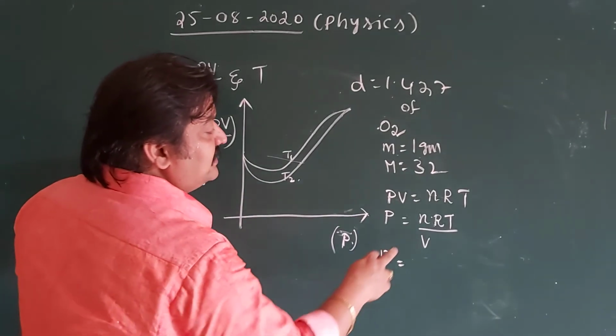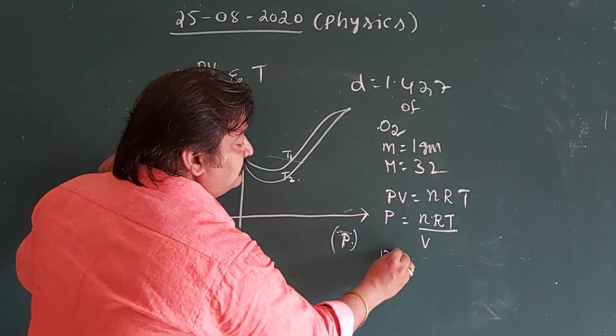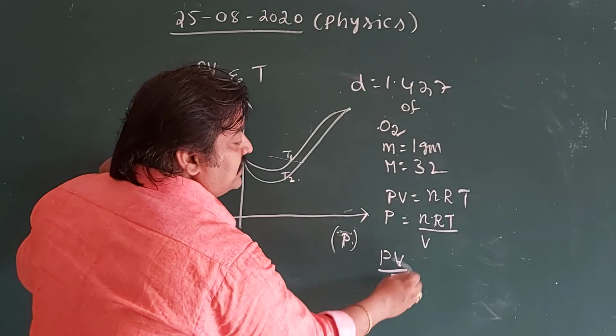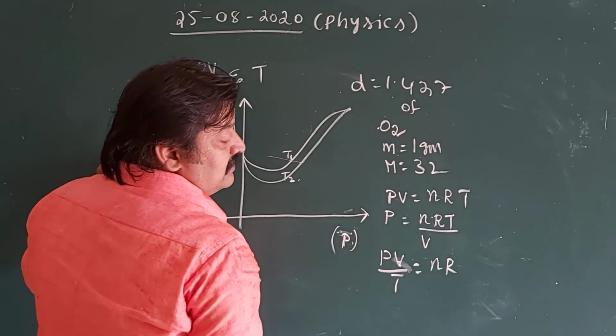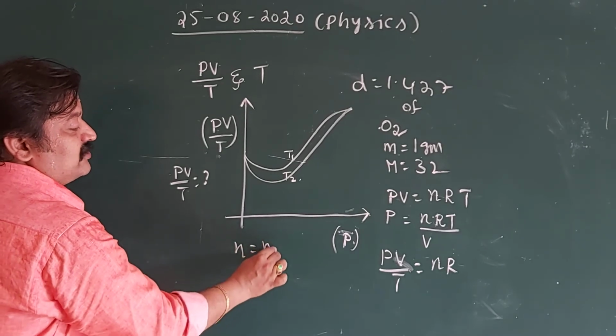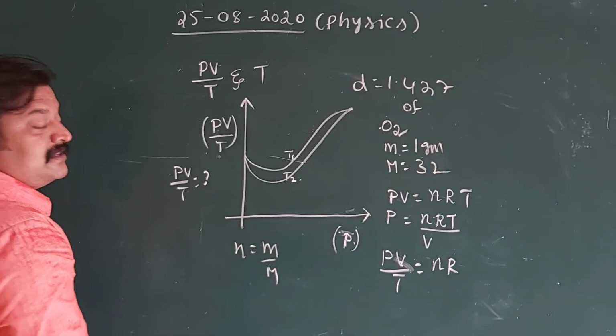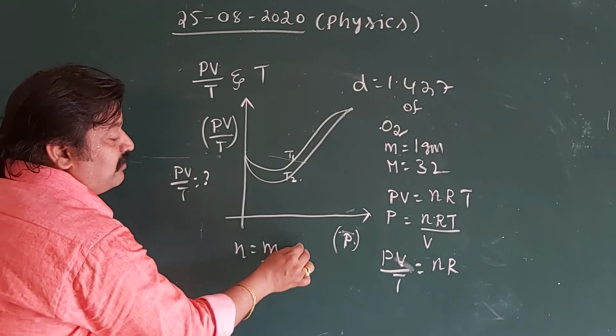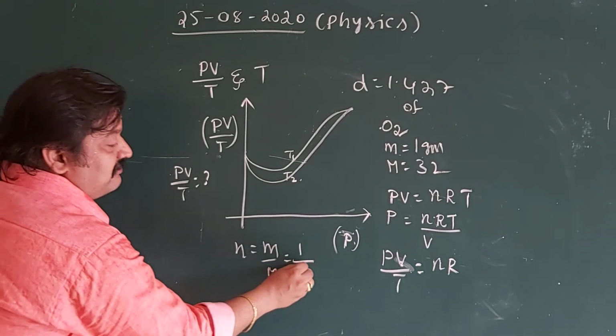From this we can write that PV divided by T is equal to nR. As per the ideal gas equation, we know the relation between mole and mass: n is equal to small m by capital M. So n is 1 gram of oxygen by molecular weight 32.